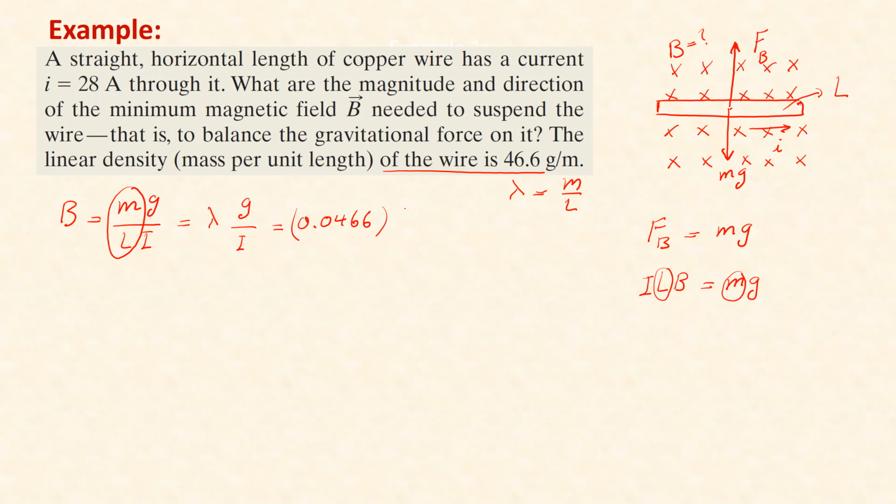And then g is 9.8 Newton per kilogram, divided by I, which is 28 amps.